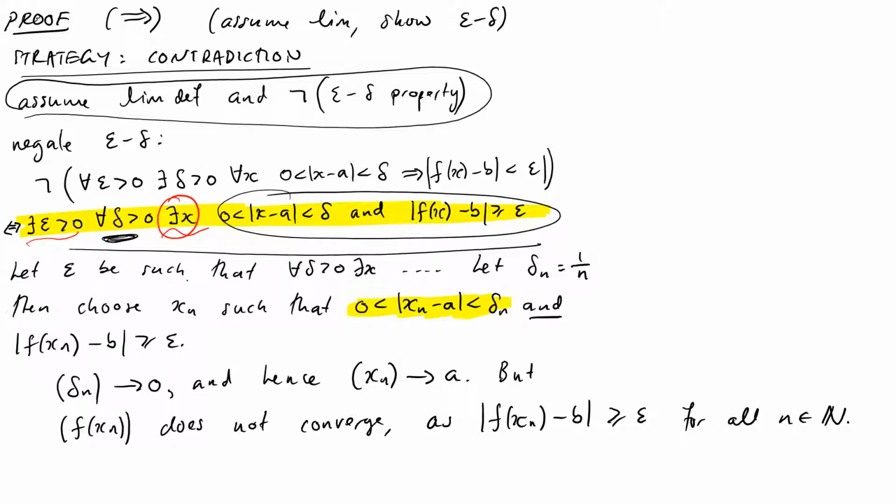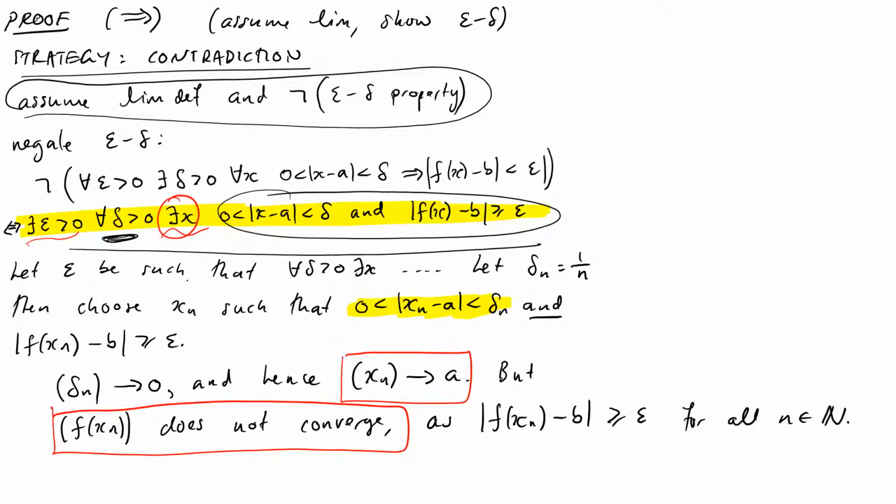So we have built a sequence, and we use that to show that my x sequence converges, that's this part here, but my f of x part does not converge. Therefore, if I assume this negation here, f of xn does not converge, so the limit cannot exist. But if we go back to the start, we've assumed that the limit exists, and therefore we have found our contradiction.